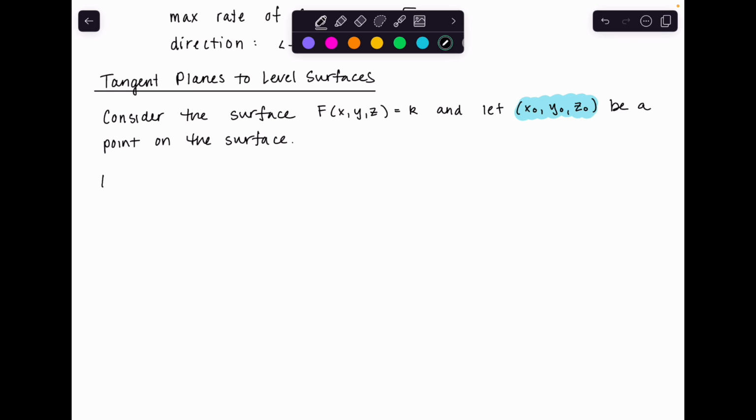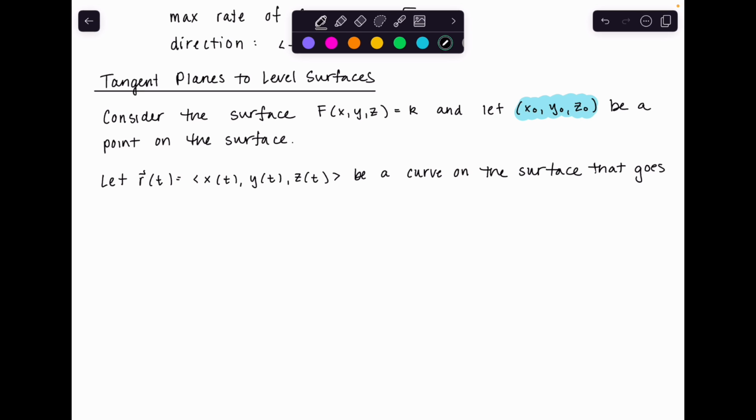So I'm going to define the function r of t to have components x of t, y of t, z of t. This is going to be a curve, any curve, on the surface that goes through this point I'm looking at, where I'm trying to find my normal vector.